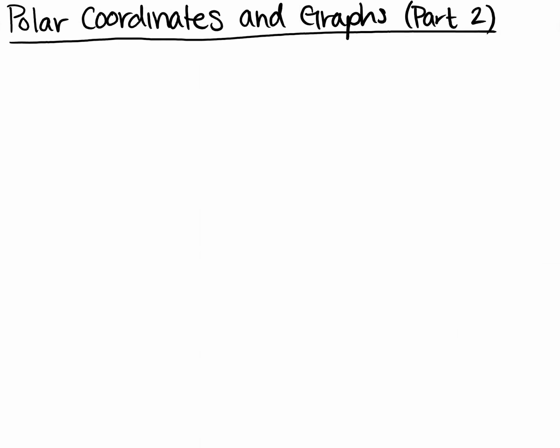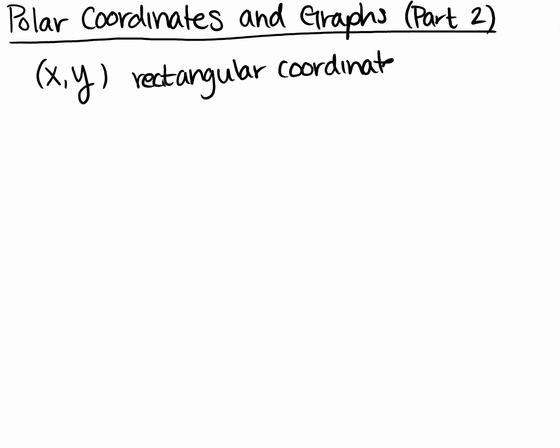a point that is an XY point in the Cartesian coordinate system, or sometimes we call that a rectangular coordinate. Then the corresponding polar coordinate is given by r theta.